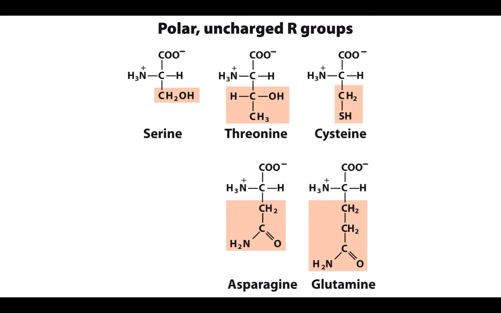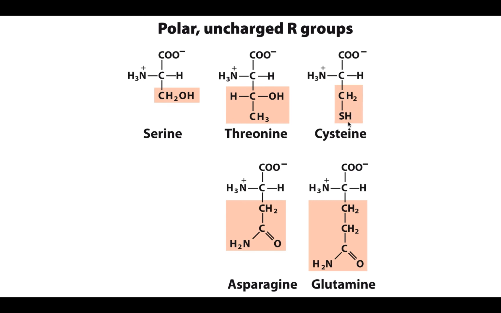Now we go into our polar but uncharged R groups. Those are going to be the ones that have these functional groups: hydroxyl group, sulfhydryl group, and asparagine and glutamine have these two groups here. And I should say that when you look at table 3.1, you will see that the sulfhydryl group in cysteine is deprotonatable.